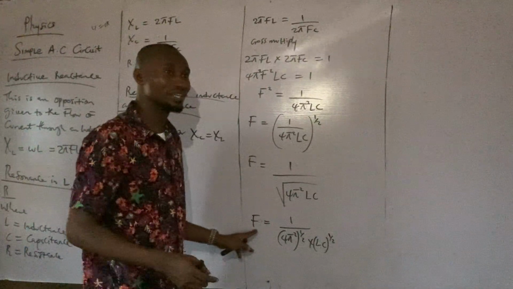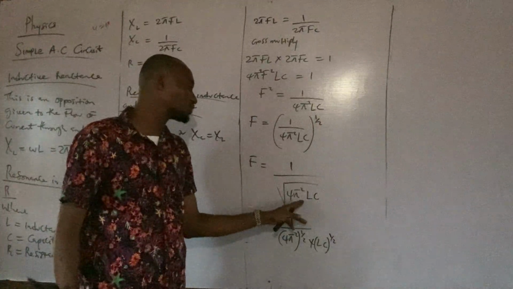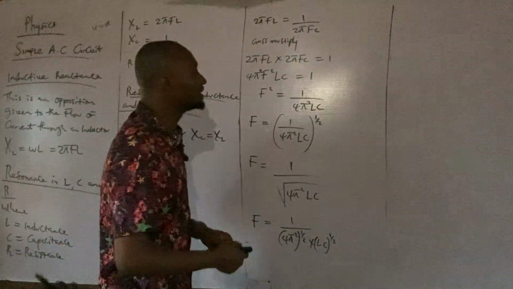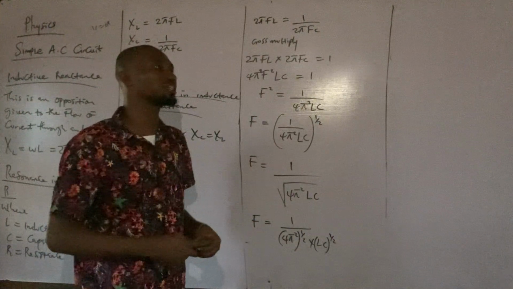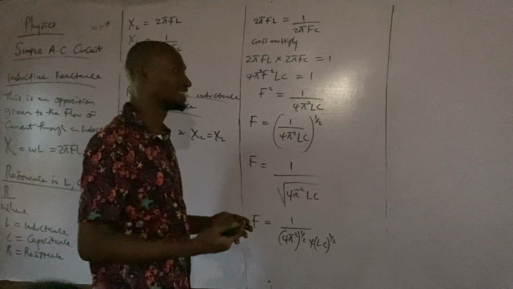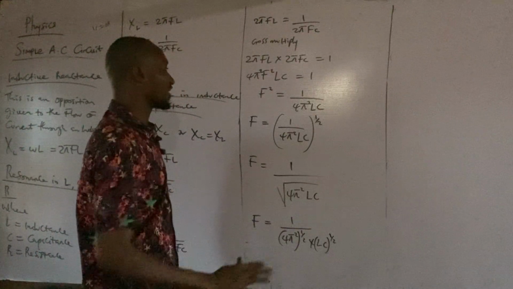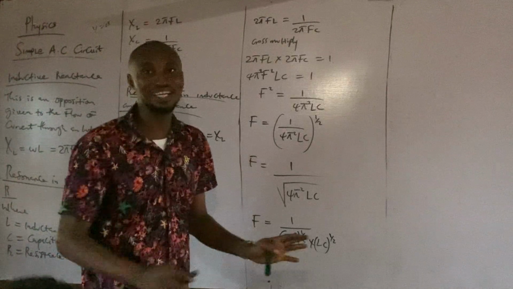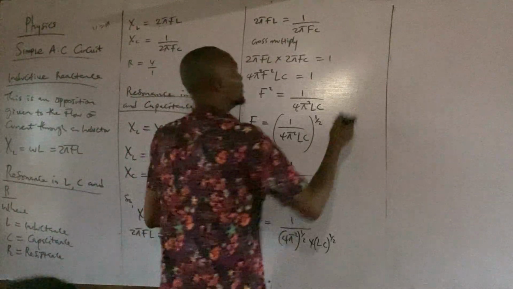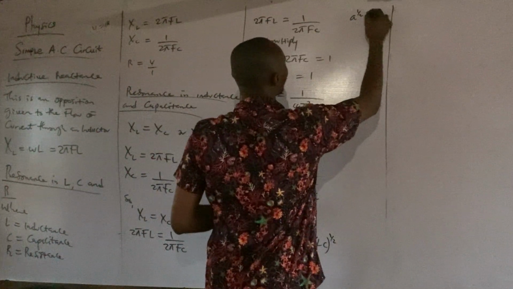So from here, remember we have root 4 pi square L square. According to indices, in the fractional index law, when you have a raised to 1 over 2, it is equal to root a.